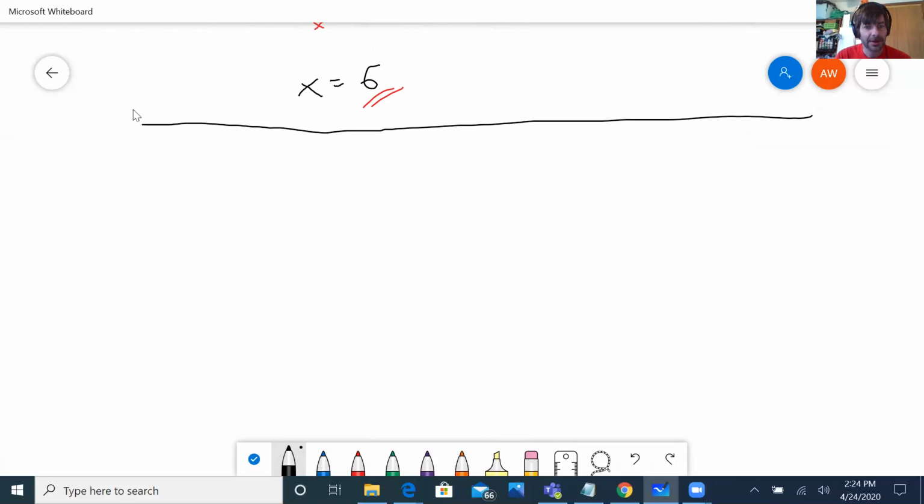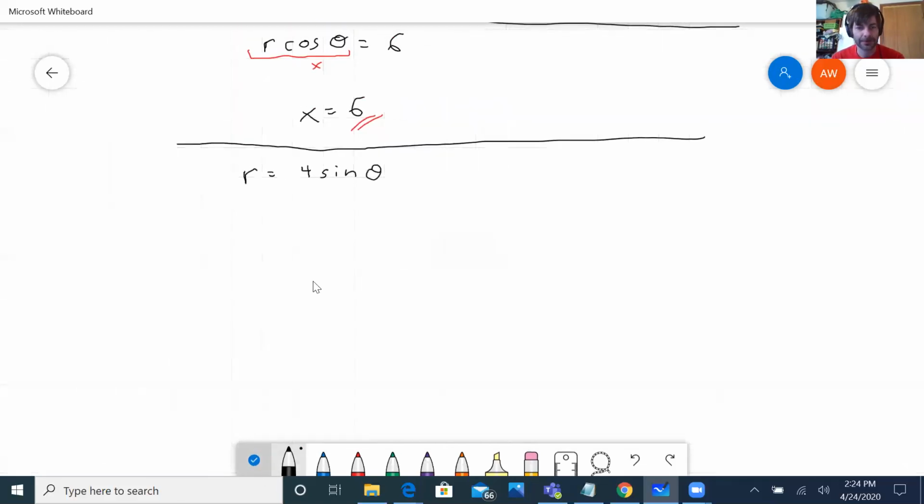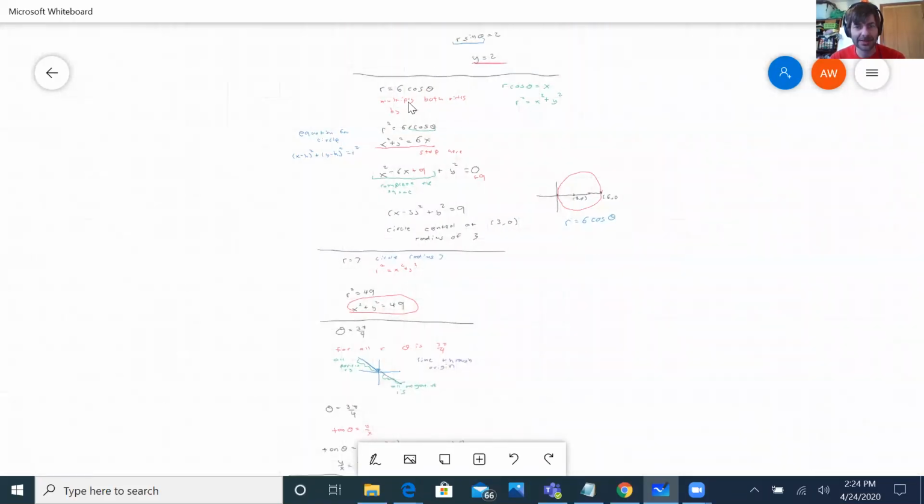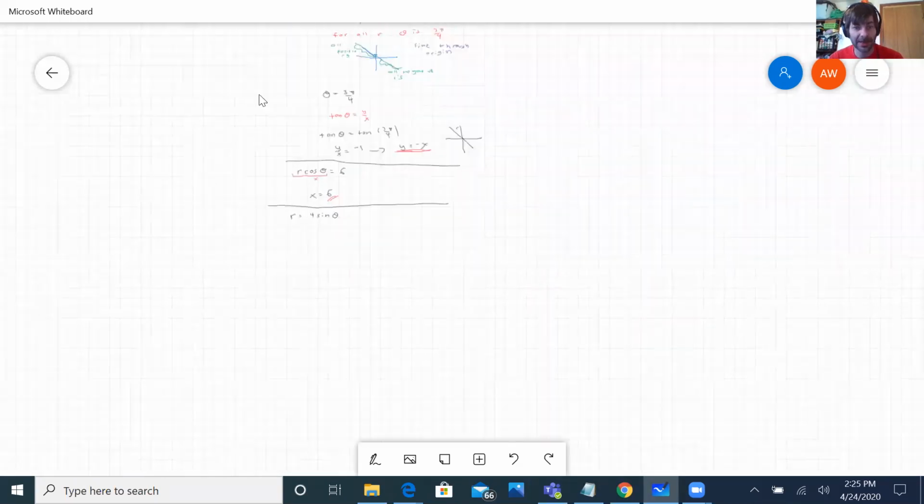Okay. Next one I got is r equals 4 sine theta. So this one is the same kind of deal as the last one, right? Instead of having r cosine theta, I have r sine theta. So I'm going to play that same trick.